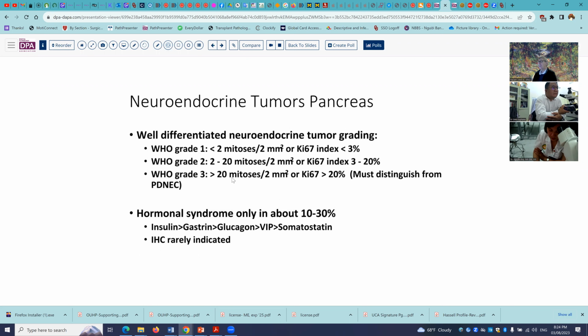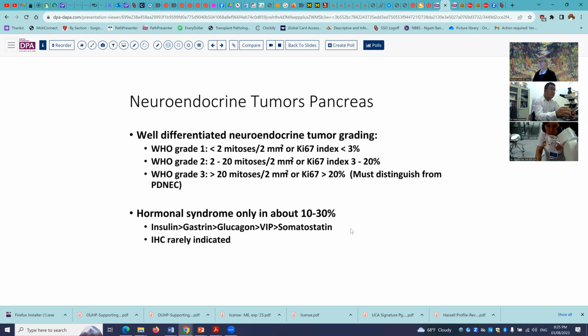But if we are thinking we're in this category, we really need to be very careful to make sure that it shouldn't just be classified as poorly differentiated neuroendocrine carcinoma. In other words, is the cytologic atypia and things like necrosis sufficient to move it into that category where it has a higher risk of metastasis, and we're going to call it carcinoma.